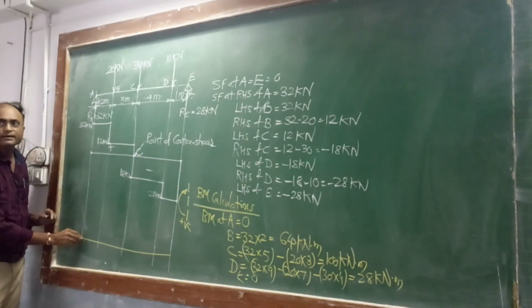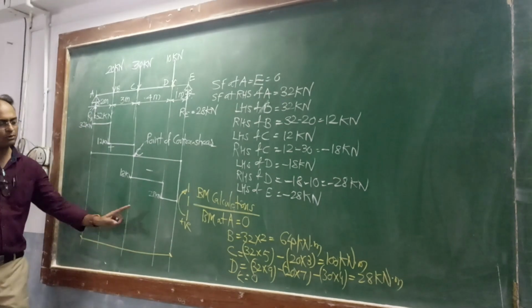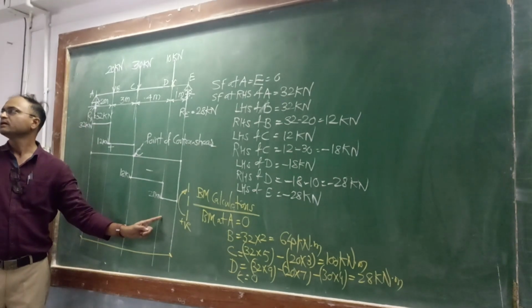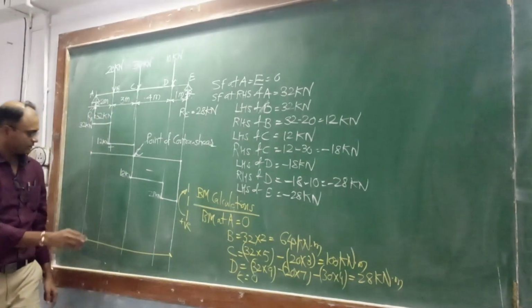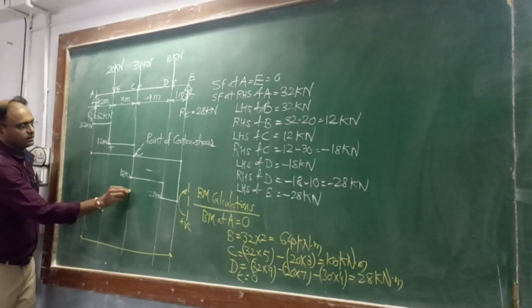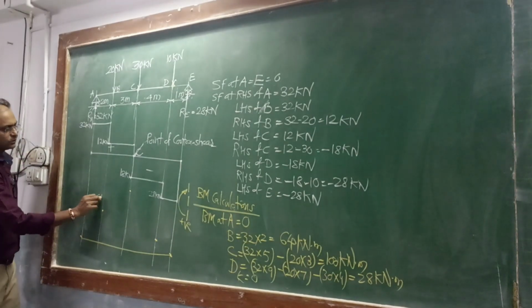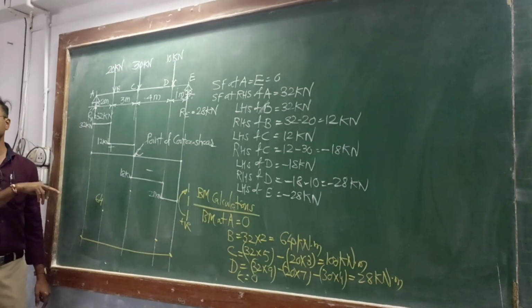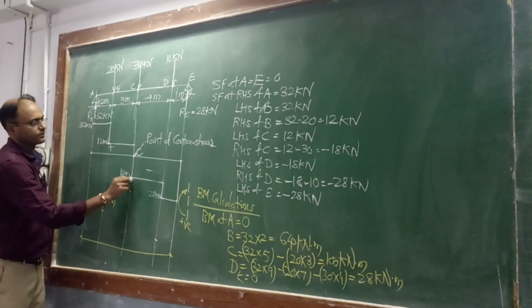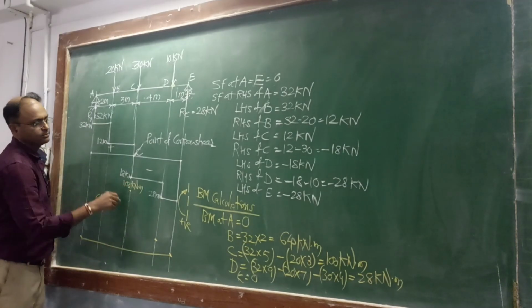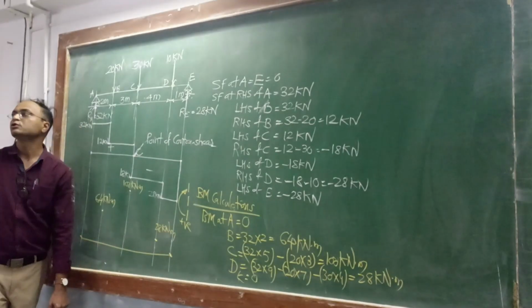So what is the value at A? 0. At E? 0. Now we have to only plot these 3 values. Value at B? 64, 120. Also you have to write down the values there. 64 kilonewton meter, 100 kilonewton meter, and how to join the points?